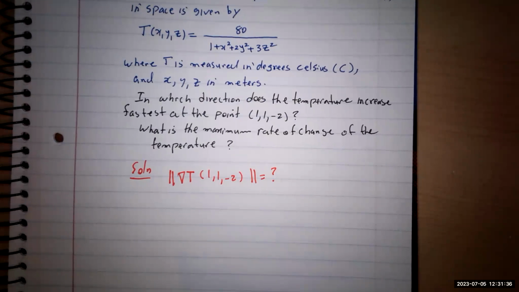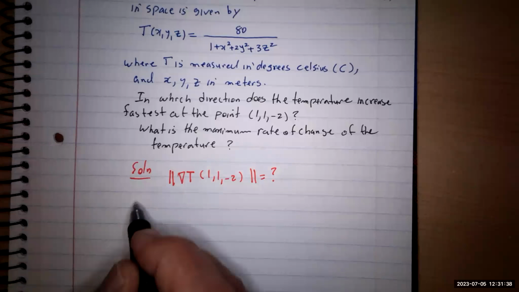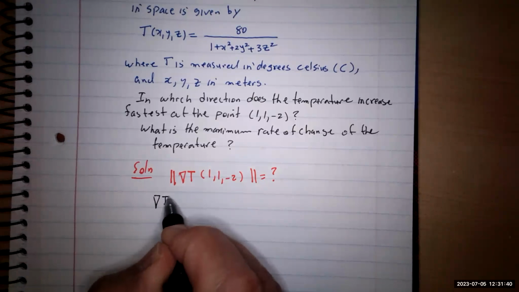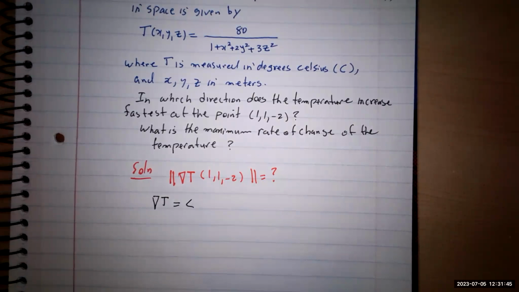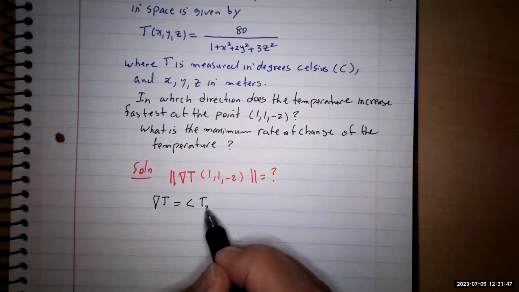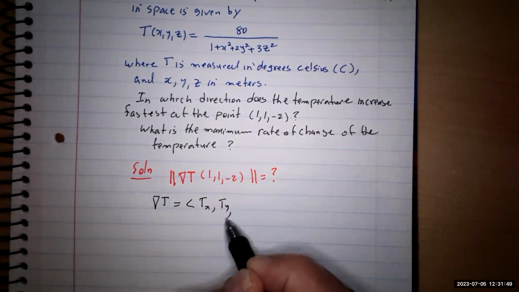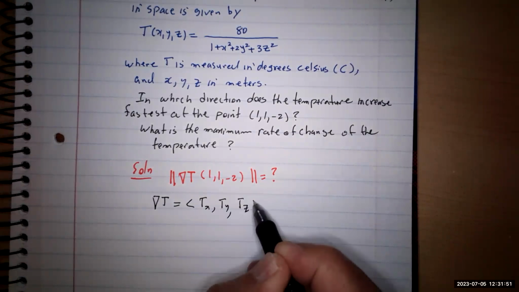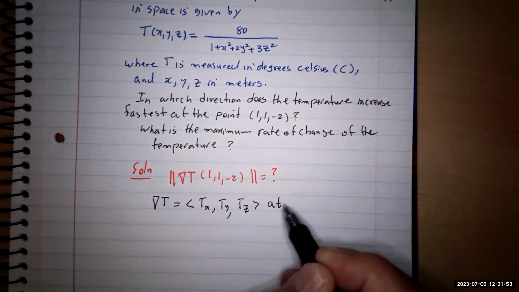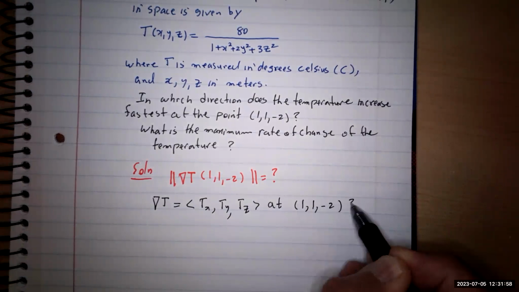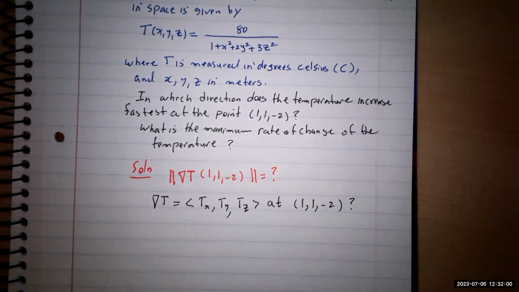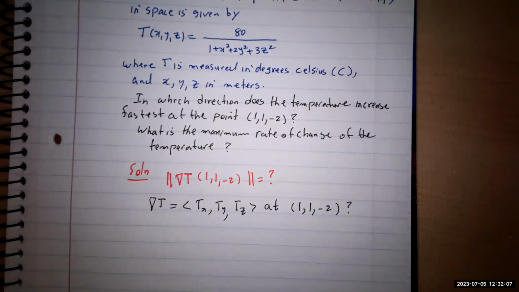The function is a function of three variables, so first we find the gradient of T, which is equal to the partial derivatives: T with respect to x, T with respect to y, T with respect to z. We want it at the point (1, 1, -2), so find each one of them, evaluate it at the point, and then come back and do it.